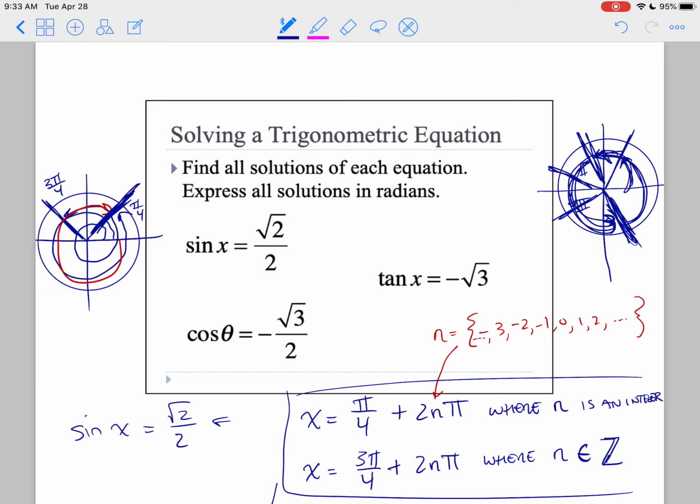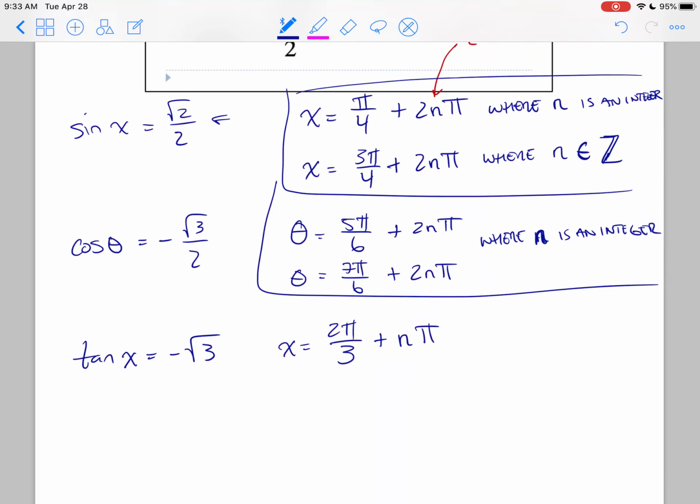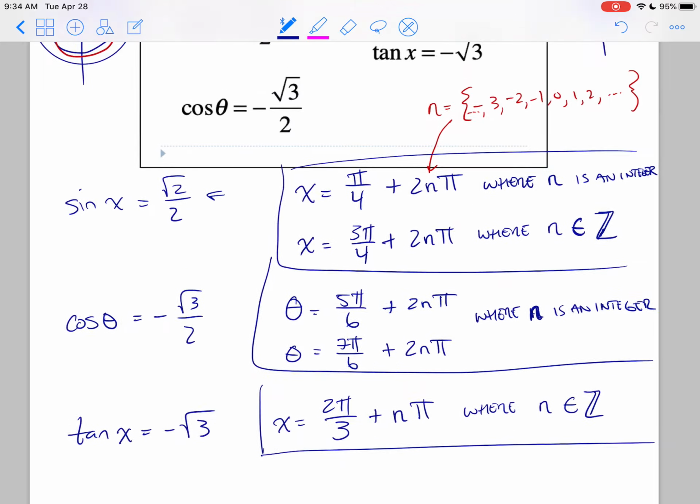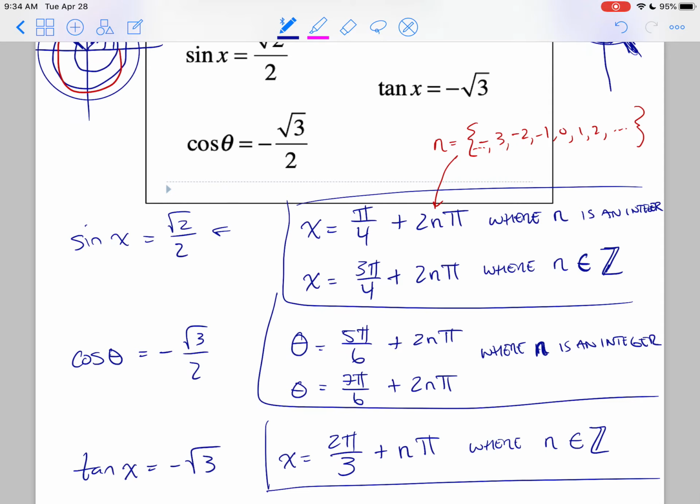So I'm just adding a pi every time. I'm adding a period, and this covers all of the solutions, of course, where n is an integer. So those are all of the solutions. Algebraically, we're writing the infinitely many solutions to each of these problems.